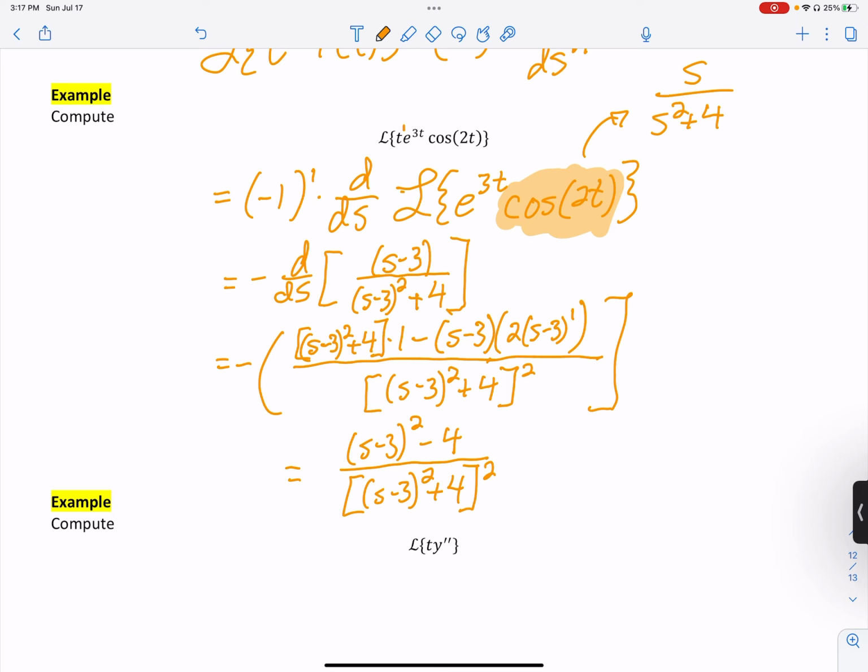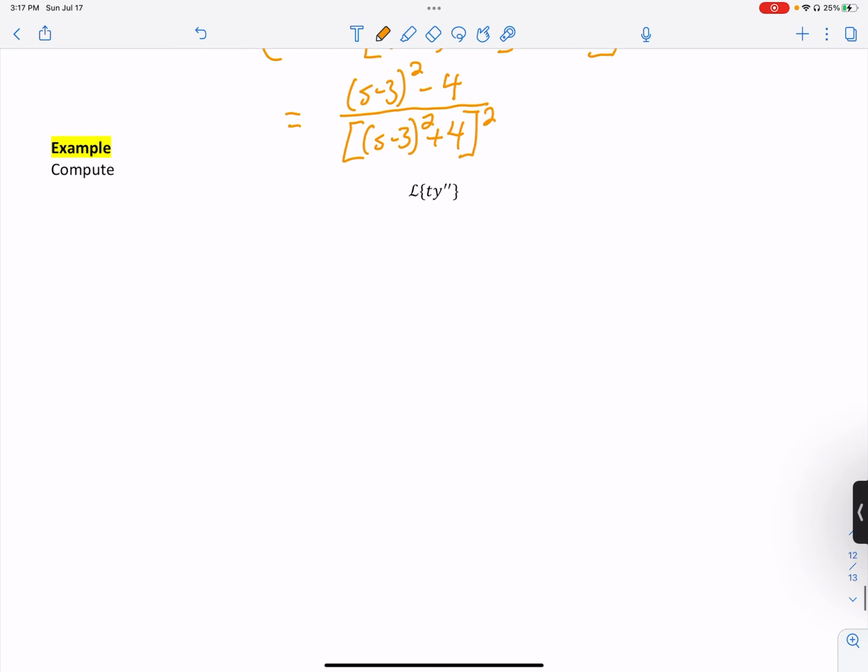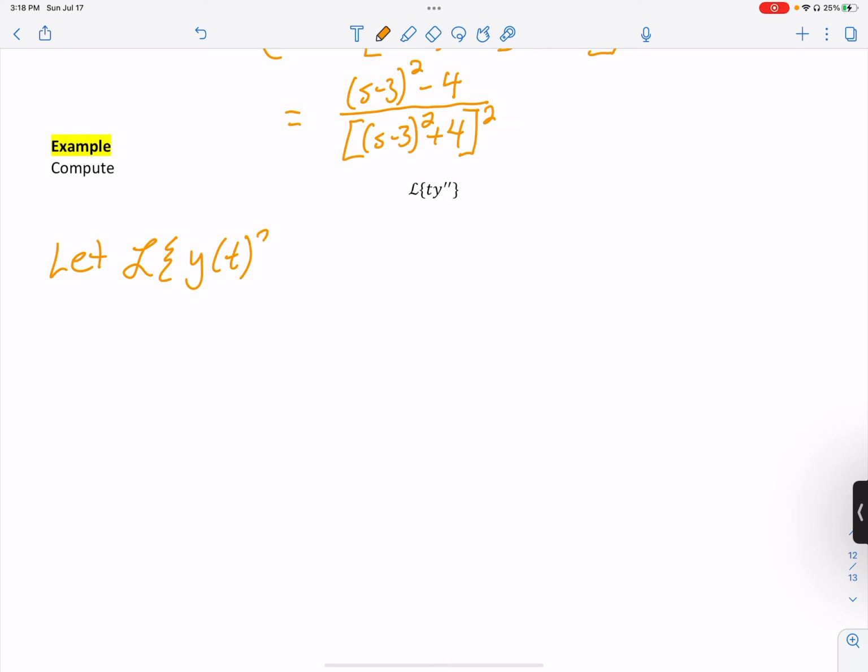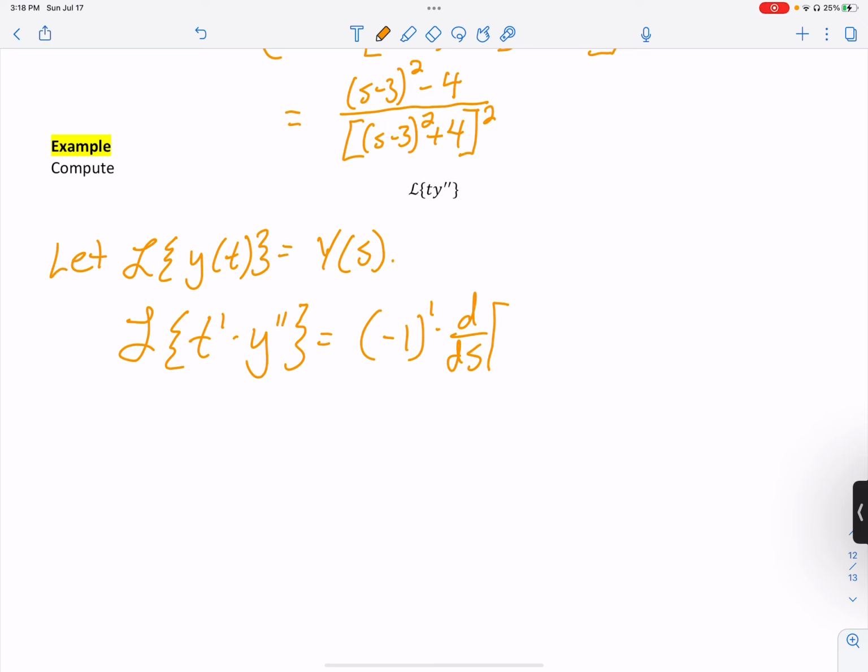It's just algebra. All right, we are going to do one last thing here. Compute t times the second derivative. First thing I'm going to write is let the Laplace of y of t equal Y of s. So the Laplace of t to the first times y double prime, if I follow the rule, this is negative 1 to the first times the first derivative with respect to s of the Laplace of y double prime.